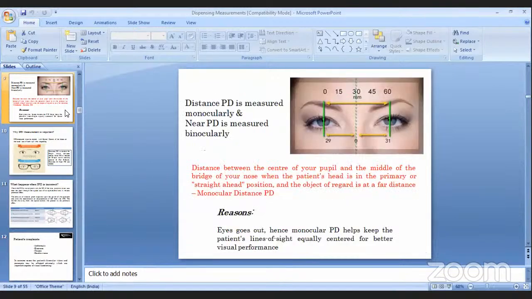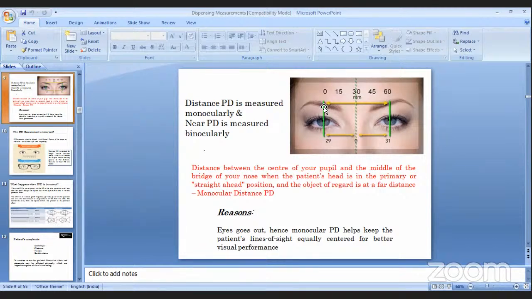Distance PD is usually measured monocularly, and near PD is usually measured binocularly. In this picture, you can see a distance between the green line below the zero to the center of the nose, demonstrated by the dotted green line along the 30 millimeter number. That's the monocular distance PD for the right eye.